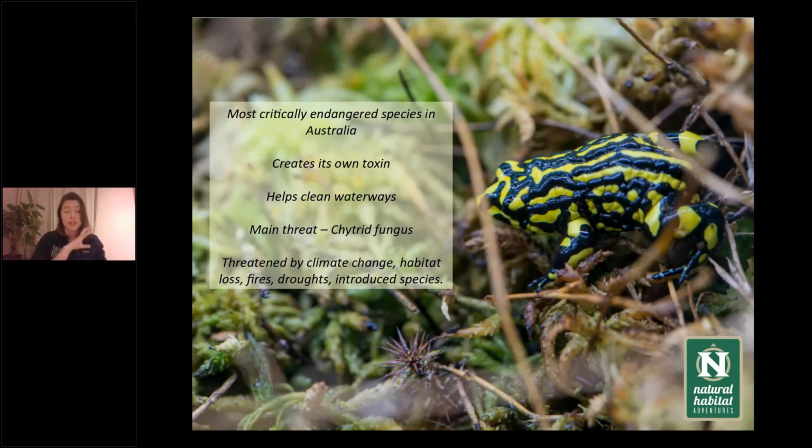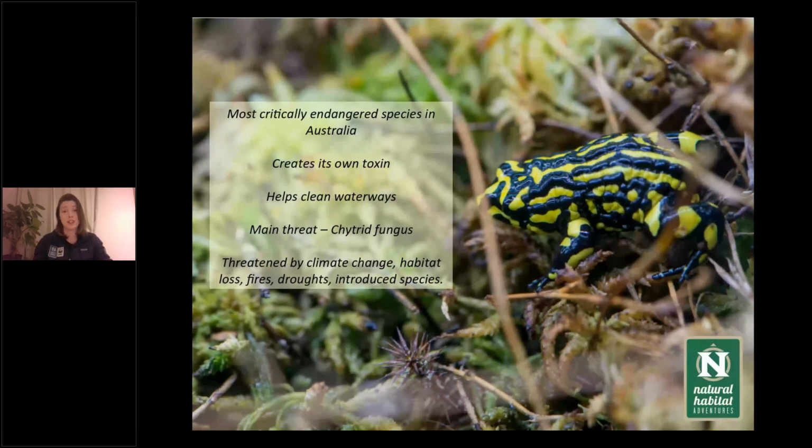We first noticed declines around in the 70s, and we had a population estimate about 10 years ago that was around 40 individuals, and now we're still seeing only 30 adults. So it is a really, really small population, and it's a conservation problem that we're really trying to tackle.